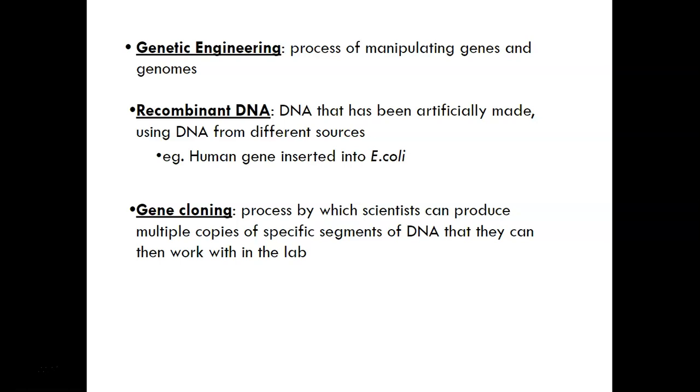This is where scientists have been able to artificially make DNA. Usually it's cutting and pasting DNA from multiple sources together. We can also use gene cloning, which basically translates to us utilizing things like bacteria to make a bunch of DNA that we want.